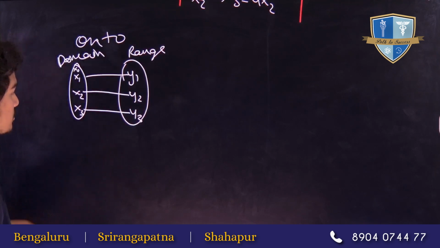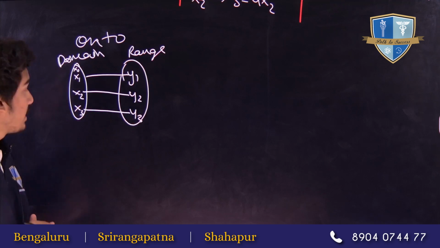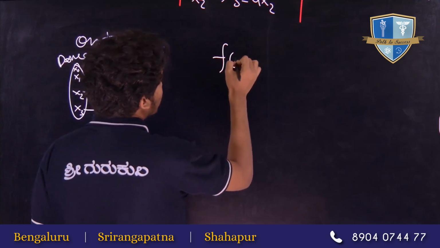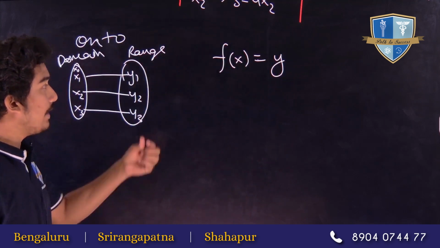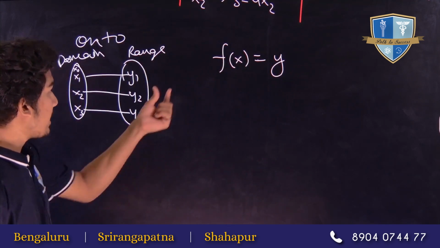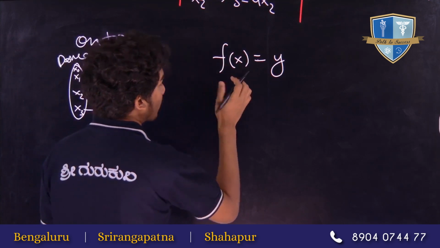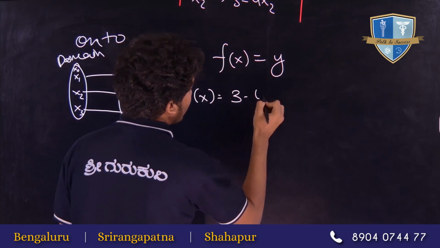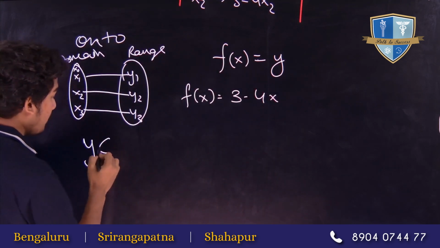So for all values in our range, there will be a value existing in our domain. That means if we are getting some value y in our range for some value x, then that x should be there in our domain. So we know that function f of x is equal to 3 minus 4x, and let's suppose there is a y belonging to R.